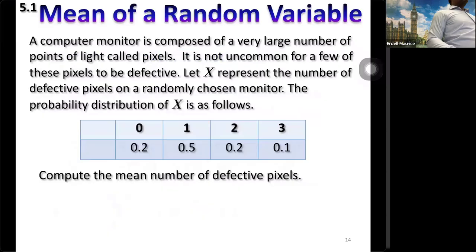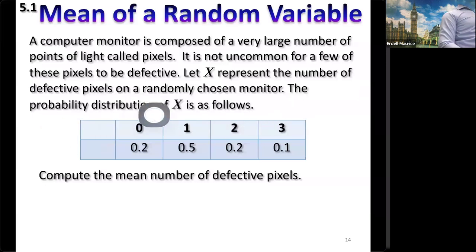So from this point on in the class, a lot of these questions take forever to read, so I do apologize in advance for having to read them all out. A computer monitor is composed of a very large number of points of light called pixels. It is not uncommon for a few of these pixels to be defective. Let X represent the number of defective pixels on a randomly chosen monitor.